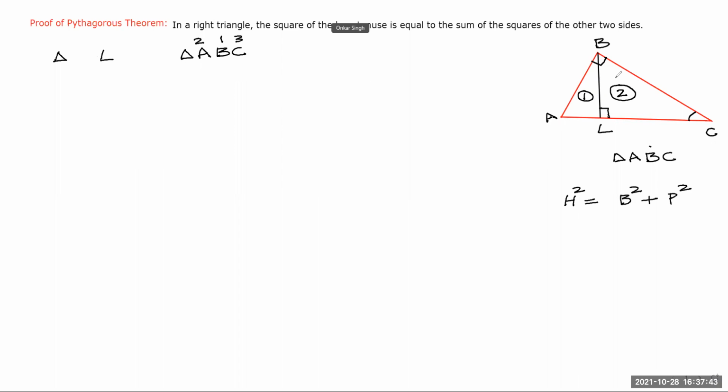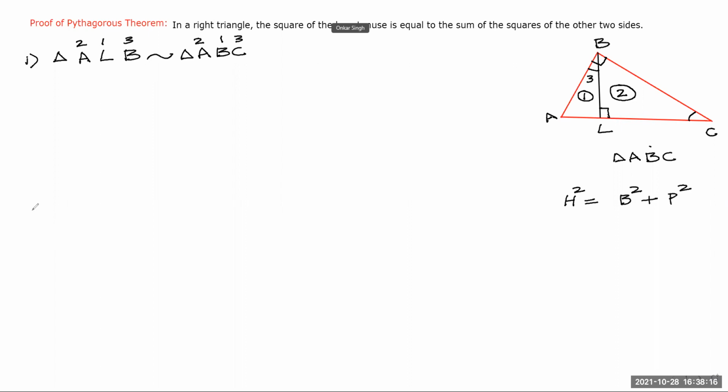This angle is the smallest, angle number 3, so obviously I will write A first. So triangle ALB is similar to triangle ABC. L is the biggest angle, A is second, and B is the smallest, third. 2, 1, 3 is matching. Okay, so this is the first judgment.